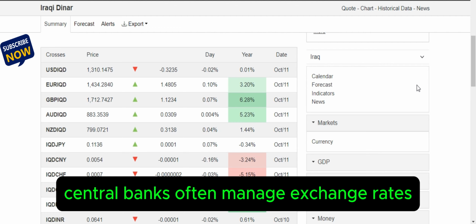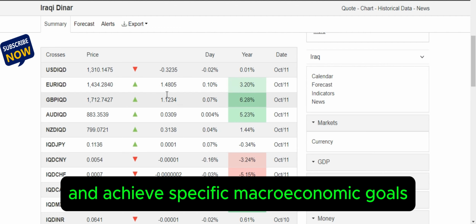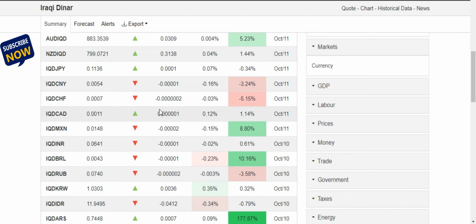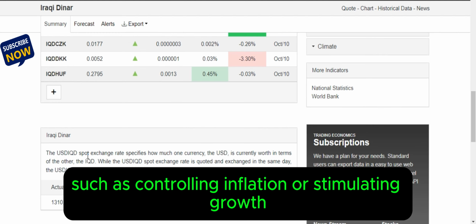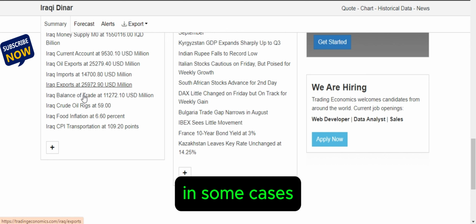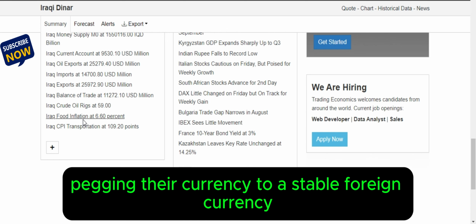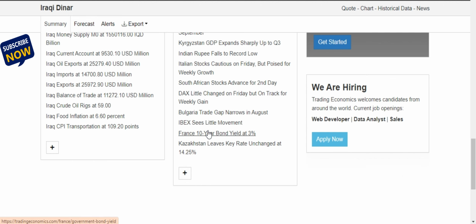Central banks often manage exchange rates to stabilize their economies and achieve specific macroeconomic goals, such as controlling inflation or stimulating growth. In some cases, countries may maintain a fixed or managed exchange rate, pegging their currency to a stable foreign currency like the US dollar.